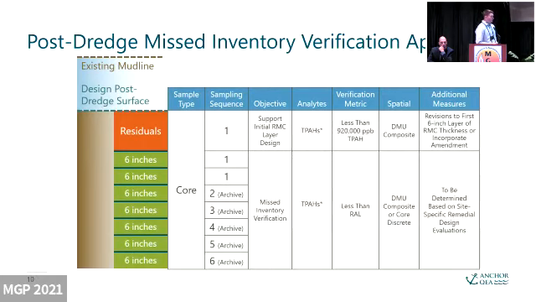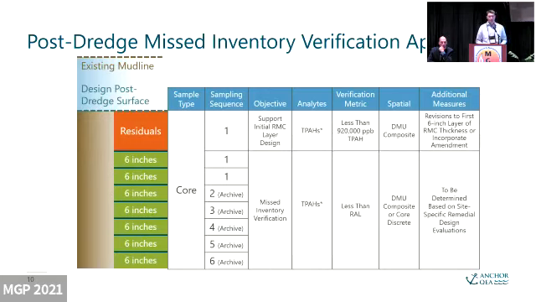So jumping back up to residuals now on this top row, again, evaluating for total PAHs. But this time, instead of looking at a RAL, we're looking at this 920,000 ppb metric. And this is a calculated value that I'll walk through on the next couple of slides, how we got to that value. It's essentially calculated to be protective of a long-term cleanup level for total PAHs, which again comes from the ROD.